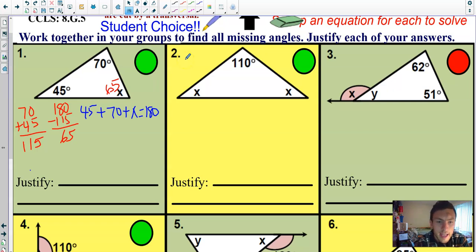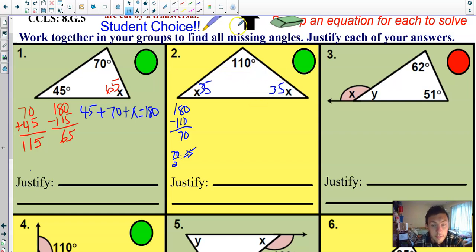So I know they all have to add up to 180. So 180 minus 110 is 70. So I know that these 2 angles together must add up to 70. And since they're the same, now this only works because we know they're the same, because they're both represented by the variable x, we can just divide 70 by 2 and get 35. So each of these angles is 35 degrees.